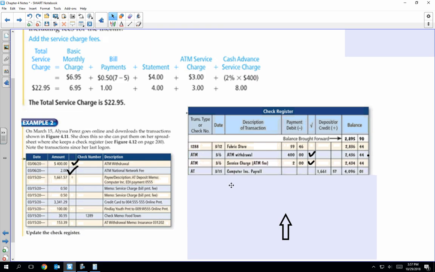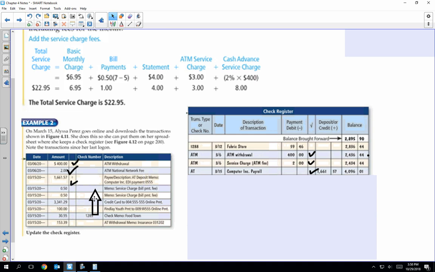Okay, the next item we have is this payroll. They get a paycheck from Computer Inc. It's $1661.57. That's the same as it is over here. So we put a check mark on both. Because it's a deposit, we add it into our $2,434.44, and we get $4,096.01.